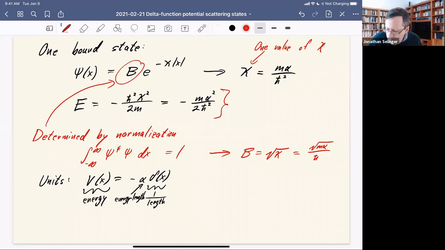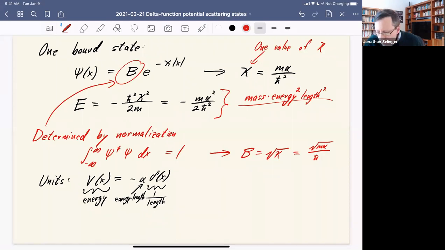Up here we have mass and then alpha squared, so that's energy squared times length squared, divided by h bar squared. h bar has units of energy times time, or length times momentum.